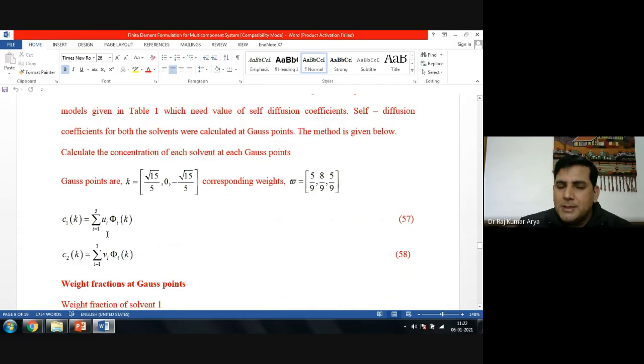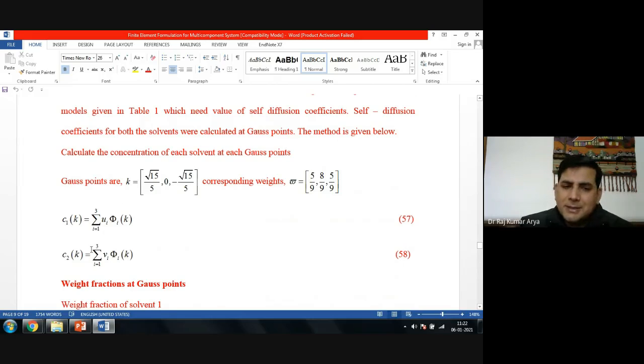If you want to calculate concentration at any point, you will multiply U and phi j from 1 to 3. Same thing for C2 at every node. So at every node the concentration will come from here, because from the previous one you will get U1, U2, U3, U4, right? And from here you will get the concentration.